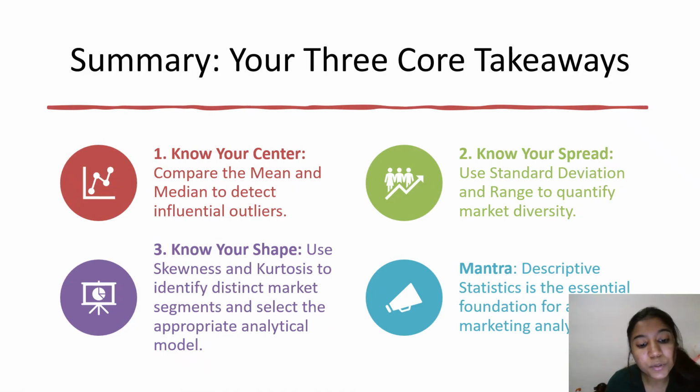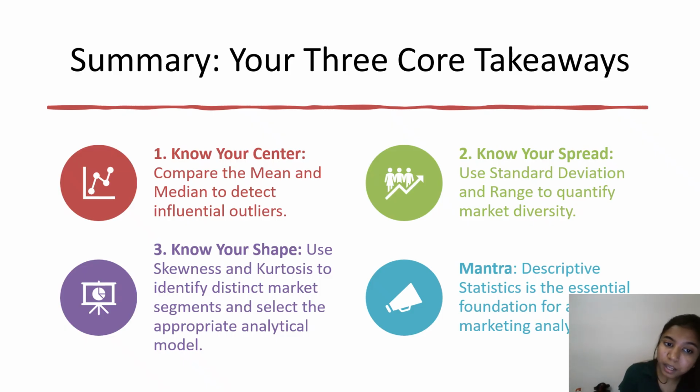And now, let's wrap up with the three core takeaways. We'll always know the center, which means we'll always check the mean and the median to see if outliers are skewing the average. And we'll also use standard deviation and the range to quantify the diversity and the variability of the customer base.